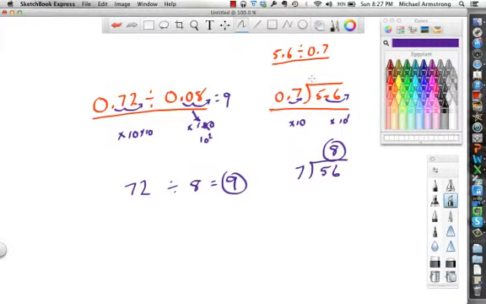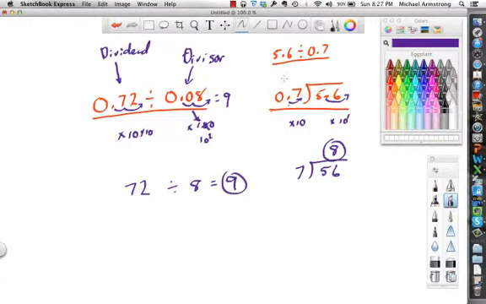So the dividend is this one, the second one that's inside, and the divisor is what's divided by, or 0.7 goes into 5.6. This is the dividend, this is the divisor. On this one, it's the other way around. This is the dividend, and this one is the divisor.